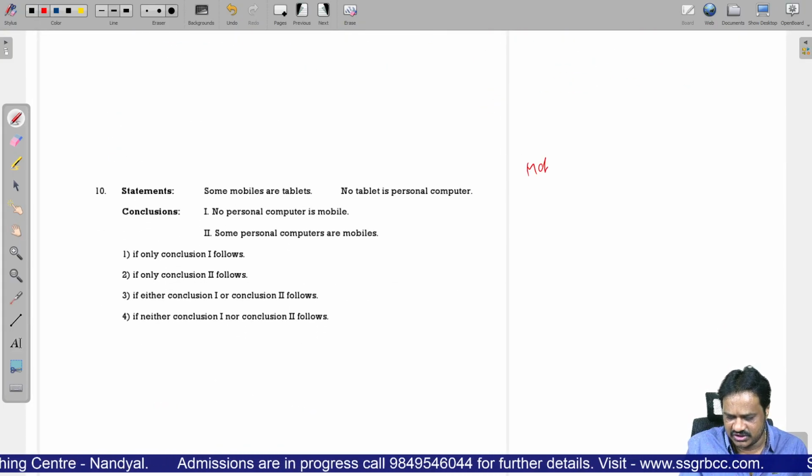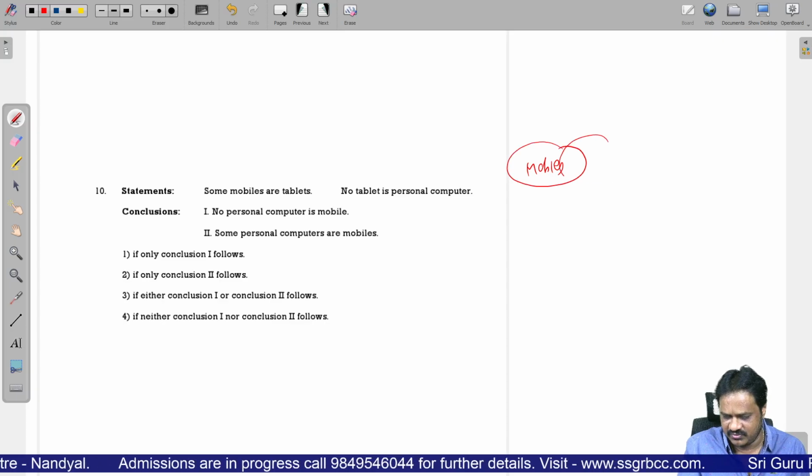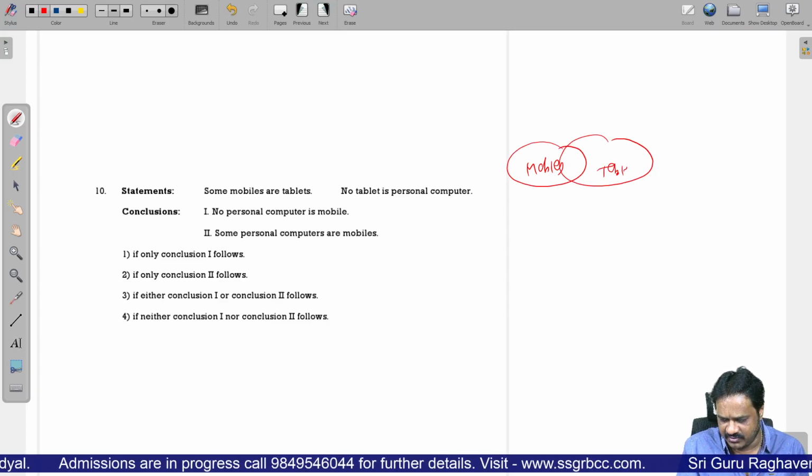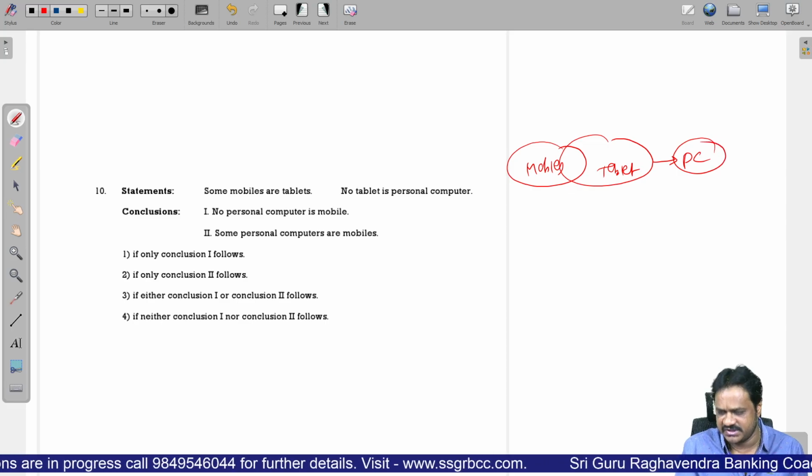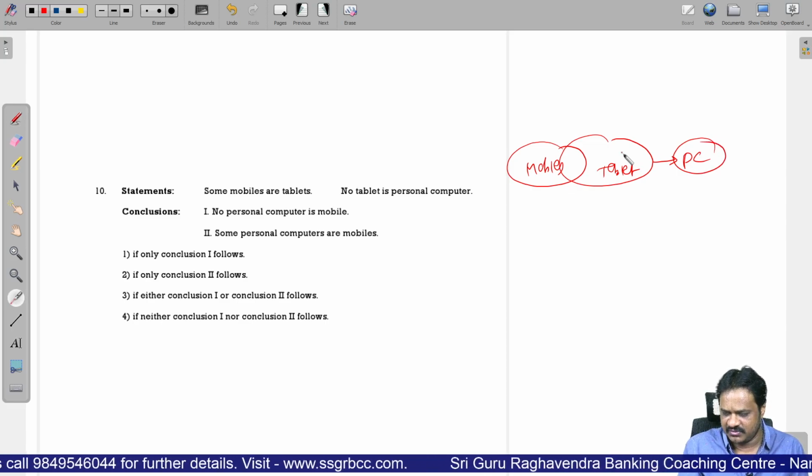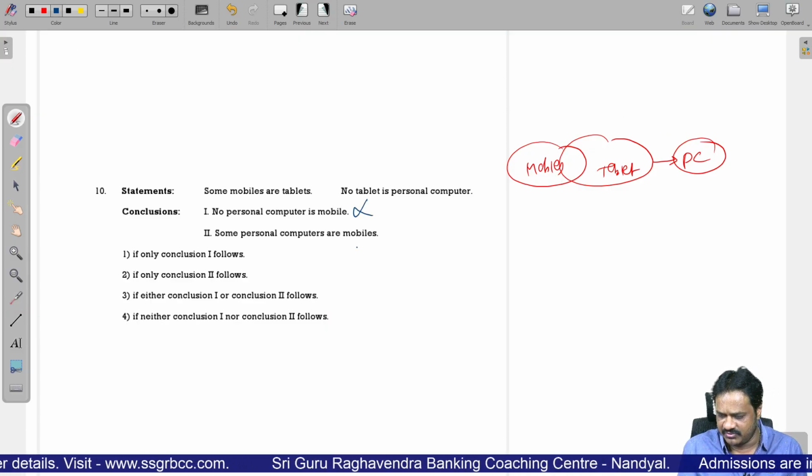Then the tenth one. Some mobiles are tablets. No tablet is a personal computer. First conclusion, no personal computer is a mobile. There is no relation between personal computer and mobile. Therefore the first one does not follow. Some personal computers are mobiles, that also does not follow.